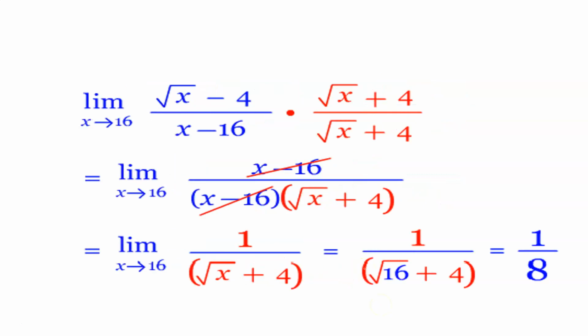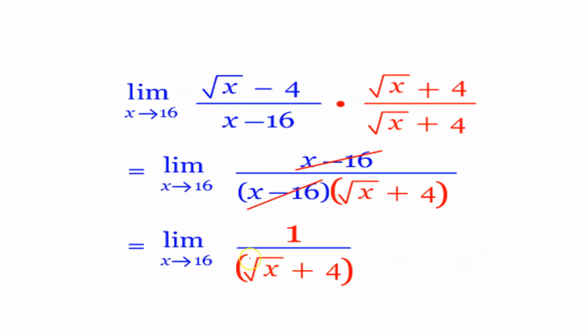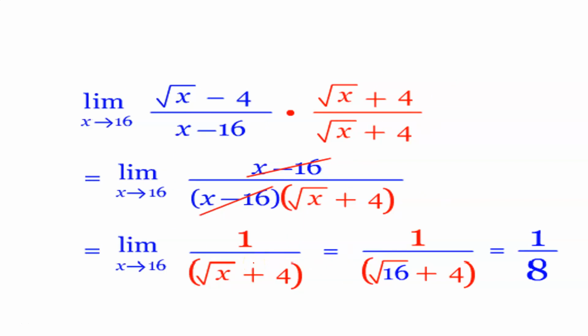Dia lagi nampak simple. Square root of x plus 4 ni. So what happens is that you boleh dah substitute the x value. Yang ni kita dah boleh ganti masuk lah, 16, square root of 16 plus 4, then you get the answer 1 over 8. Okay, that one is the conjugate method.